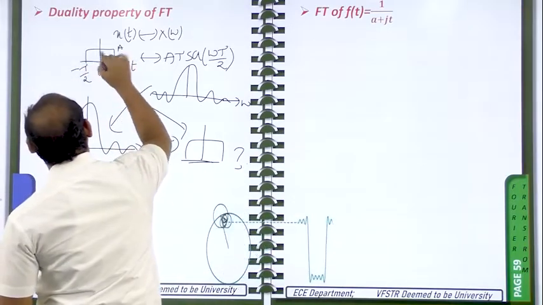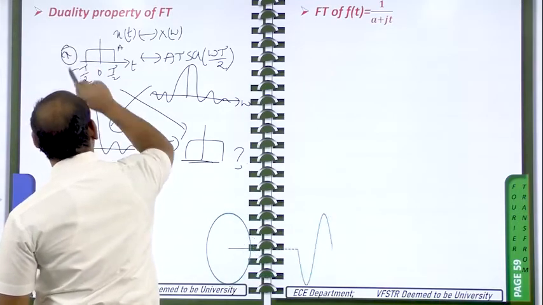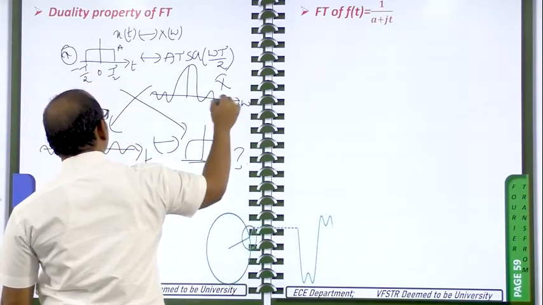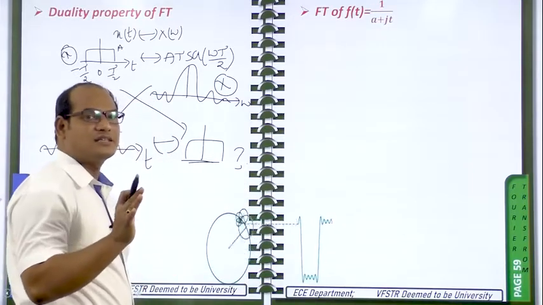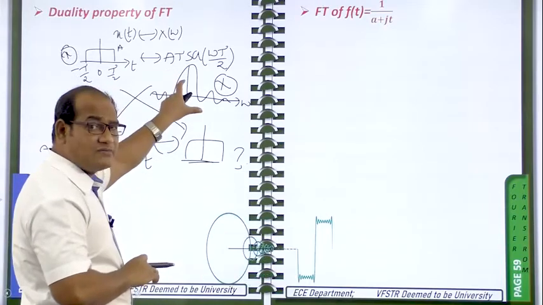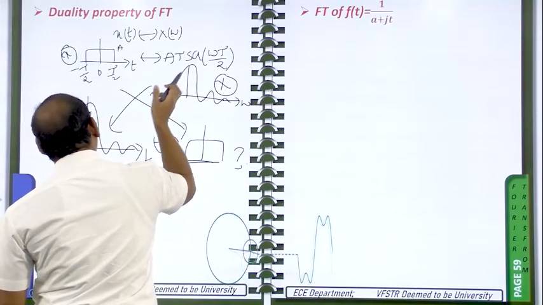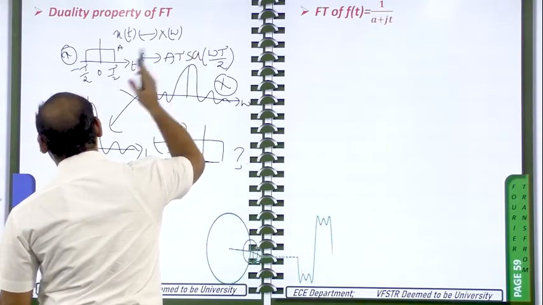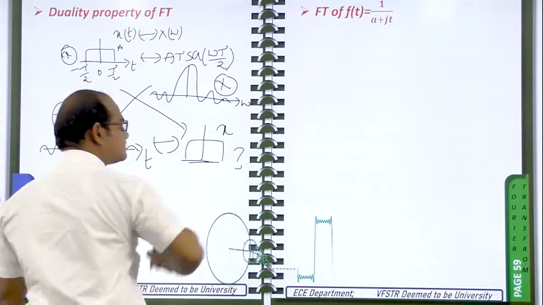To represent this rectangle pulse signal, we always use small x. The Fourier transform of this we take as capital X. So capital X means the sampling function, and small x is nothing but the rectangle pulse signal. When you take this sampling function in the time domain, here X will be there. Whenever you bring X from the frequency domain to the time domain, small x will come from the time domain to the frequency domain.